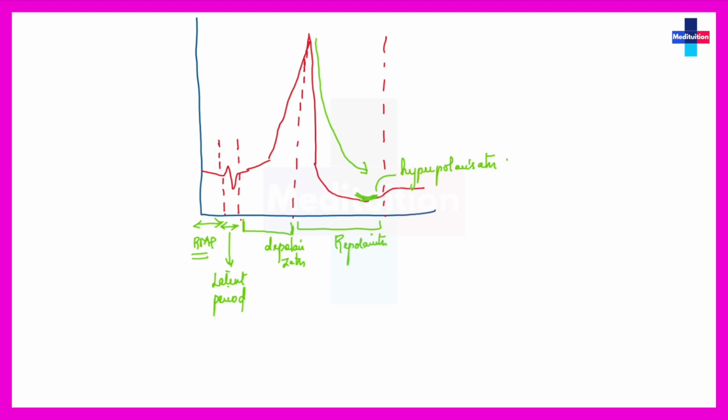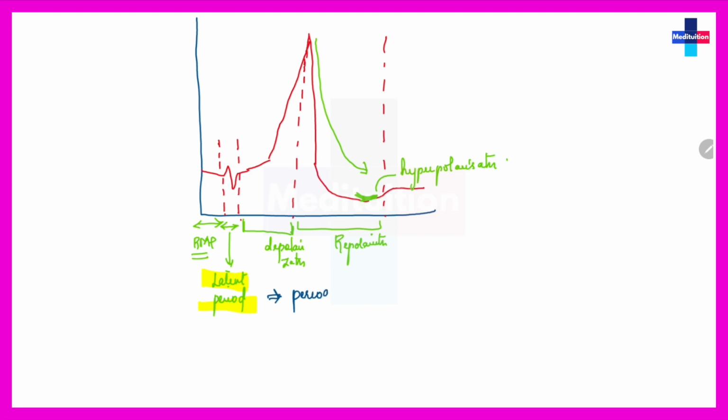Depolarization means the cells become positive inside and negative outside, while the resting state is due to our leaky channels, like potassium, within us, right? In that way we have to know what the latent period is. So what is the latent period? It is the period between the resting membrane potential and depolarization, similar to a refractory period.